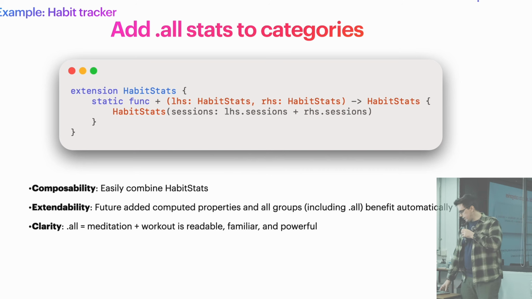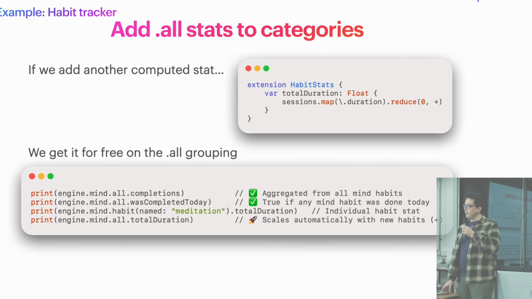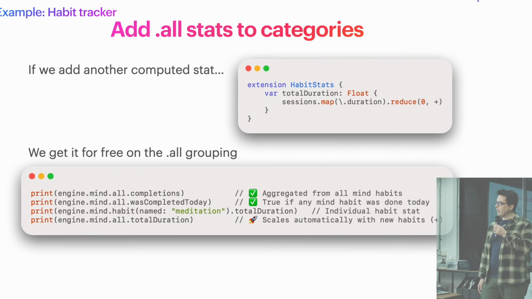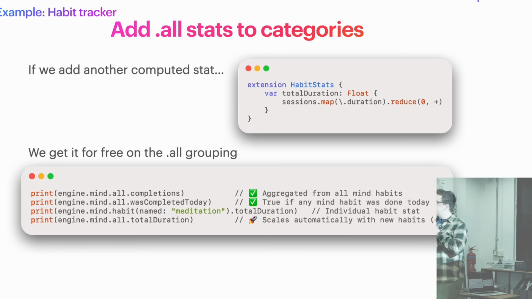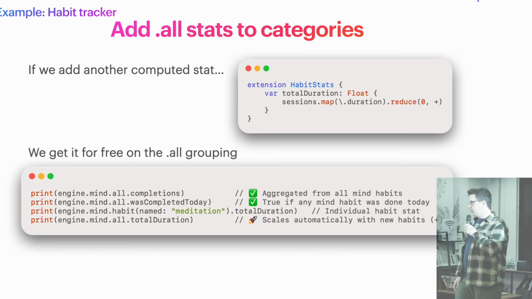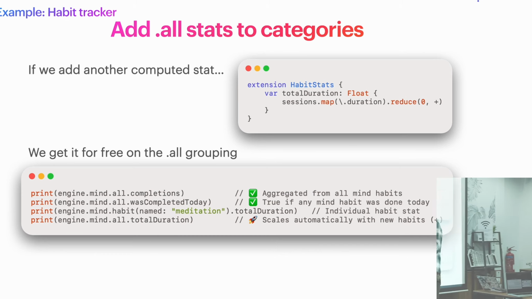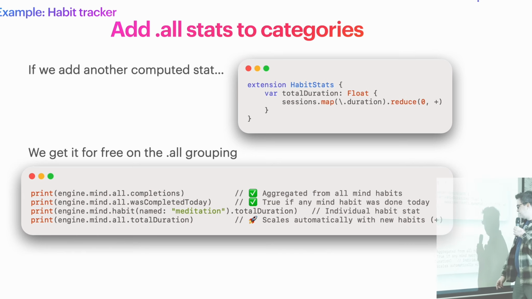And it's pretty clear also when you write this. It's pretty powerful and simple, easy to read. So for example now, if we add a new computed property to habit stats, let's say total duration, where we go through the sessions, map the duration, reduce it and add it together, we can right away use it by using engine.mind.all.totalDuration, for example.